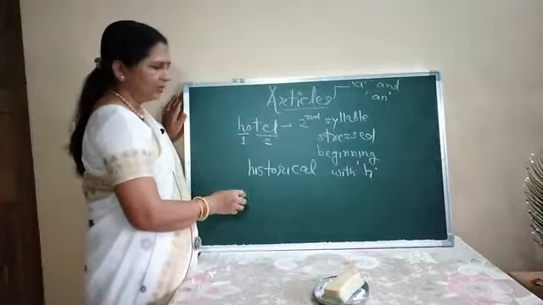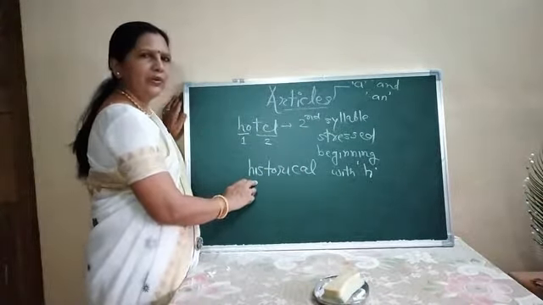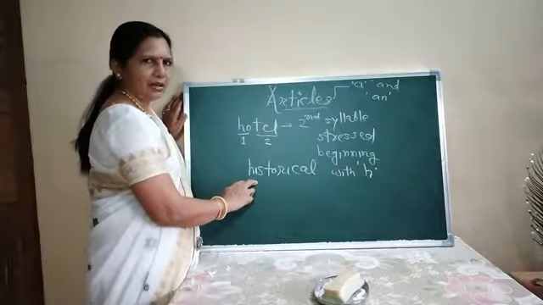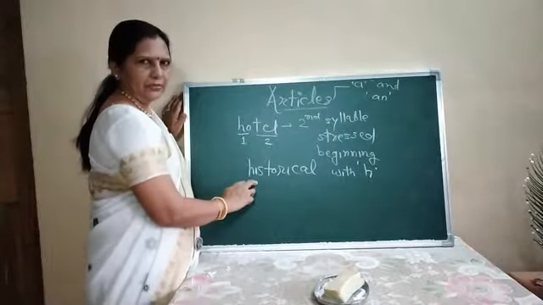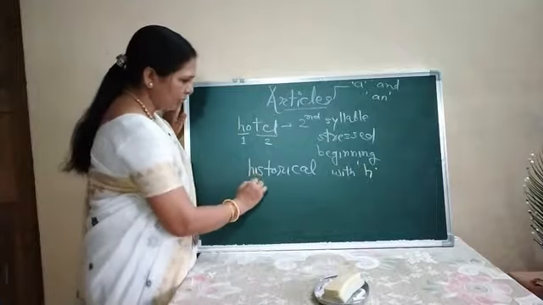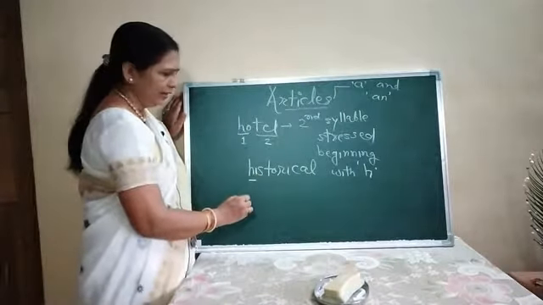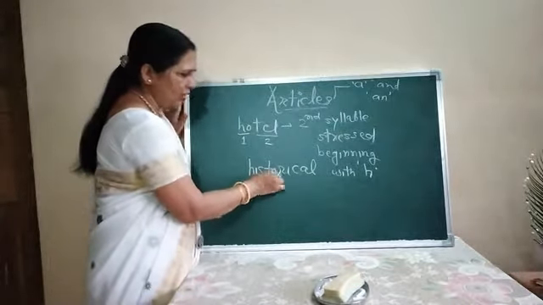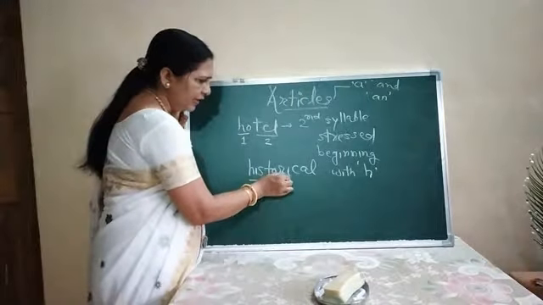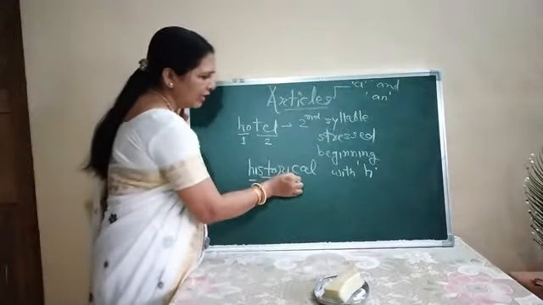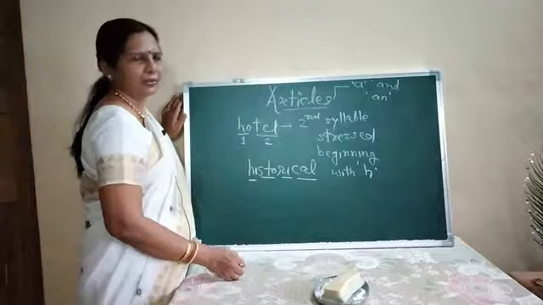हा शब्द बघा. How to pronounce it? Do we say historical? No. It is historical. Historical. So, this is his. S-T-O stop, second syllable. Ri, this is third syllable. And kal, this is fourth syllable.